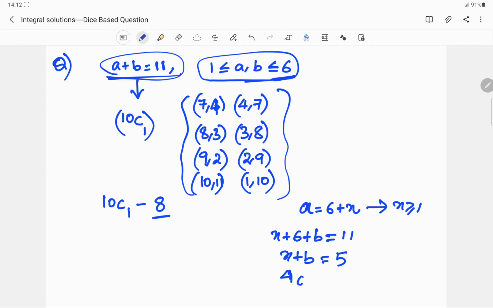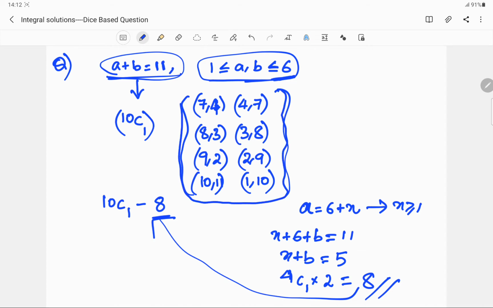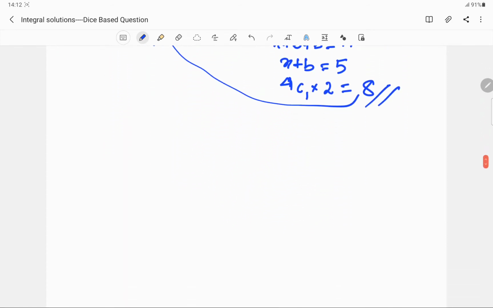I'll select one gap because there are two variables, and multiply it with 2. So finally we are going to get the same 8. So what we have avoided is listing down all these cases when a or b are more than 6. Now let us look at another question.